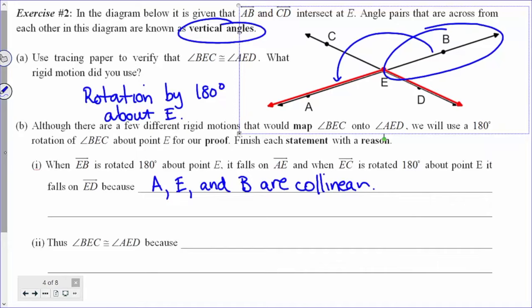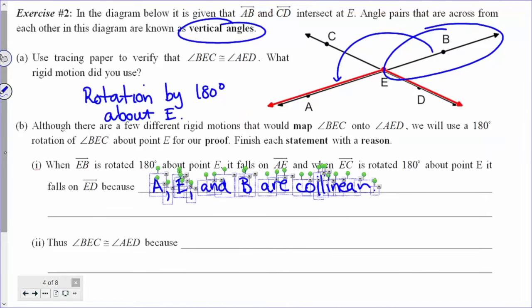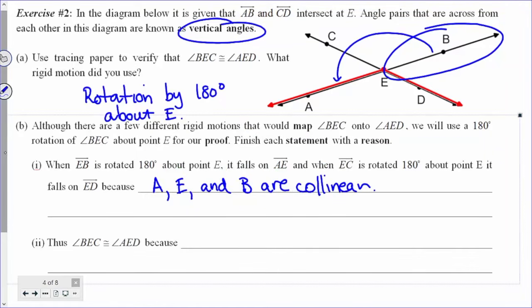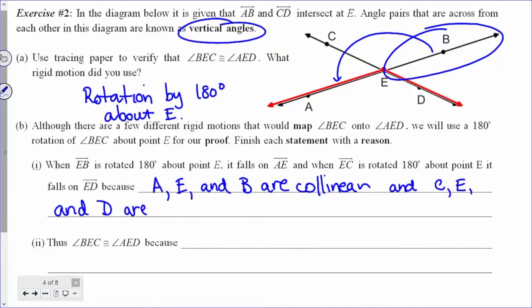And, whoops, wow, that's kind of cool. Let's do that. And C, E, and D are collinear.